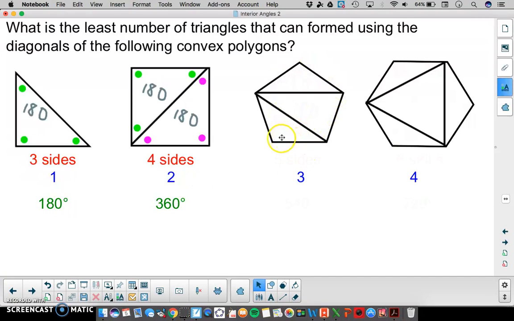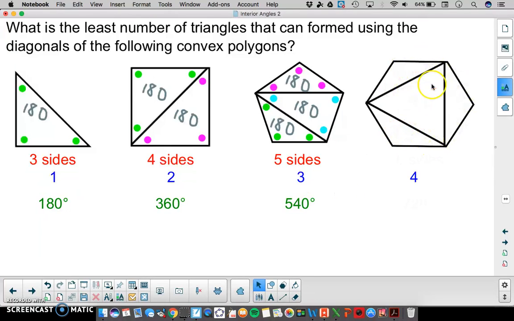In the pentagon, we have one triangle here with 3 angles totaling 180 degrees, another triangle here for a total of 180, and one more triangle with a total of 180. So for a 5-sided figure, a pentagon, we'll have 180 times 3, which gives us 540.